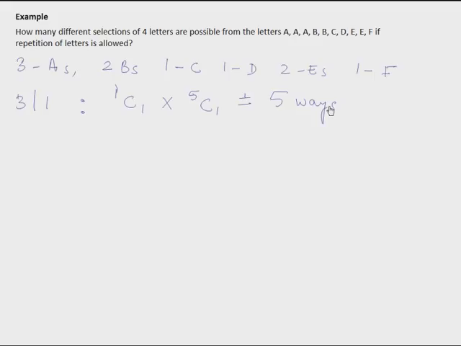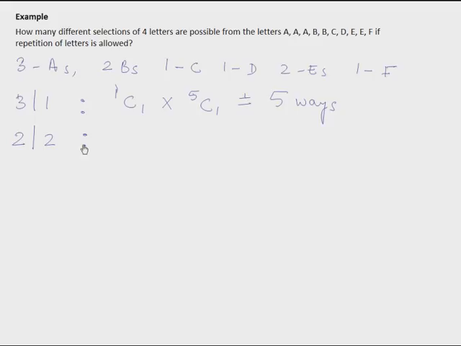Is there another way of picking 4 letters? Yes, I could pick 2 of one and 2 of the other. That means 2 pairs of identical letters. How many choices do I have to pick pairs? Well, the A's, the B's, and the E's are all appearing twice. So these are the letters that will permit me to take 2 of them.